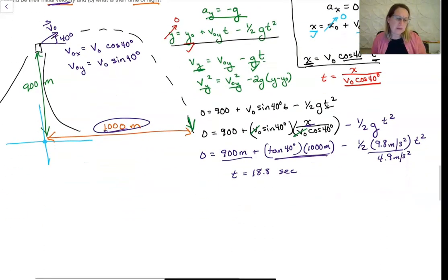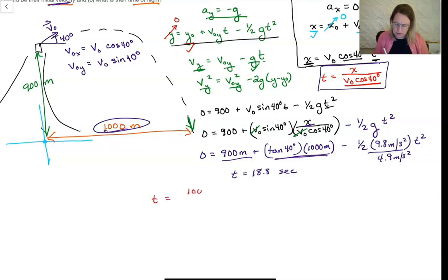And from that, I think it's easiest to use this expression right here to put the time in. And so if I use that expression, I have time is equal to 1,000 meters over v naught cosine of 40 degrees.